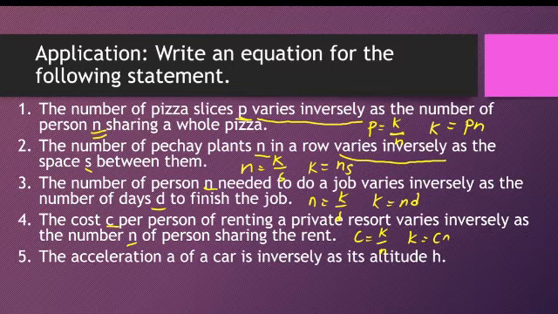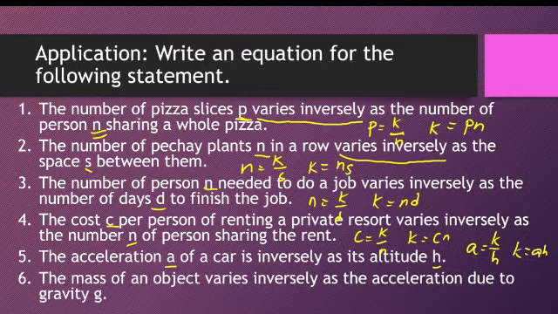And we have the acceleration A of a car is inversely as its altitude. So, acceleration is A, altitude is H. So, that is A equal to K over H. So, for the constant, K is equal to AH. Ayun. And finally, we have the mass of an object varies inversely as the acceleration due to gravity G. So, pag walang binigay, halimbawa dito sa mass, gamitin na natin yung first letters.